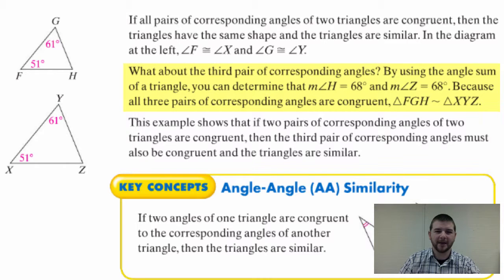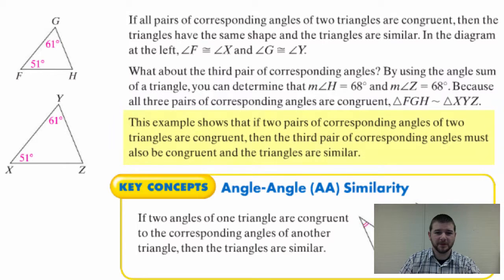By using the angle sum of a triangle, you can determine that the measure of angle H equals 68 degrees and the measure of angle Z equals 68 degrees. Because all three pairs of corresponding angles are congruent, triangle FGH is similar to triangle XYZ.